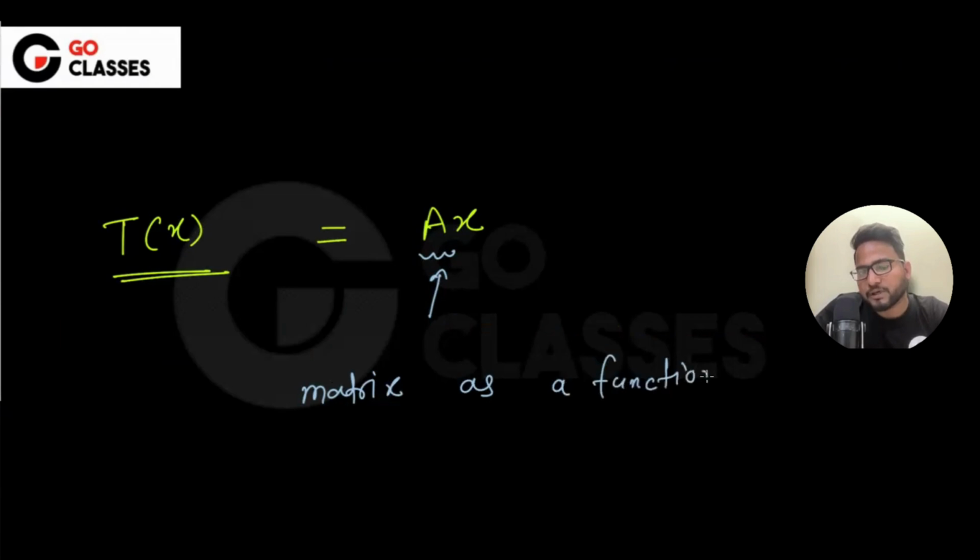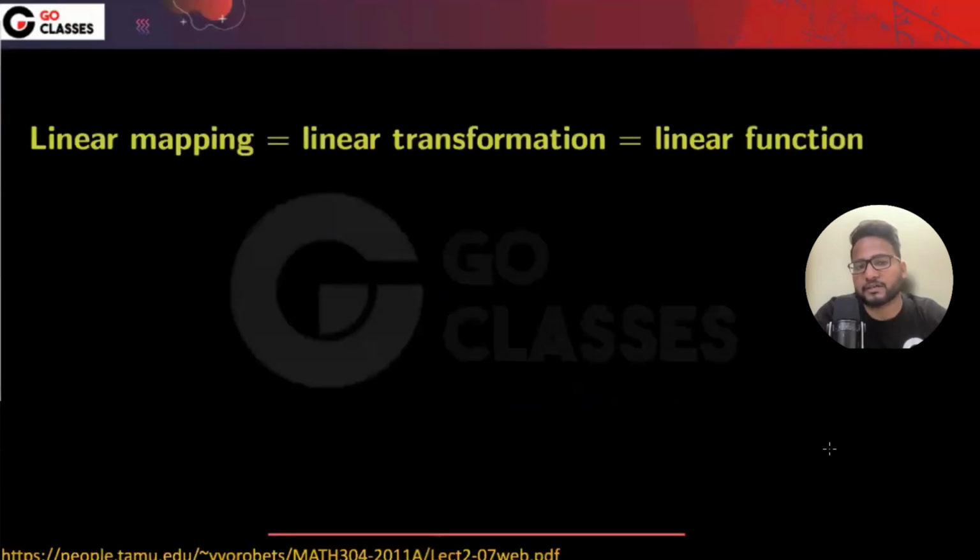This linear transformation is very closely related to matrices as a function. We need to understand linear transformation more carefully because it directly relates to the matrix, that is, how the matrix behaves. As I told you in the previous class, some people call it linear mapping, some call it linear transformation, some call it linear function.